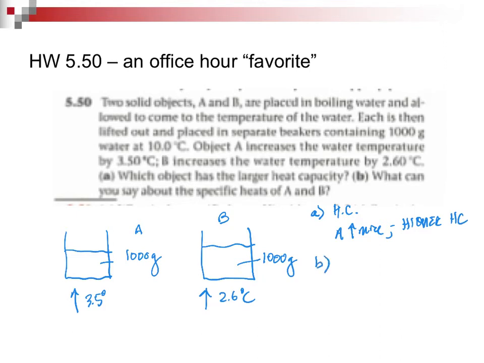Part B says, what can you say about the specific heat? Well, specific heat needs a mass term. We are not given mass, and therefore we can't say anything. We can say nothing. So that's why you need to work on the word problems, because they have a lot of interesting twists and turns, okay?